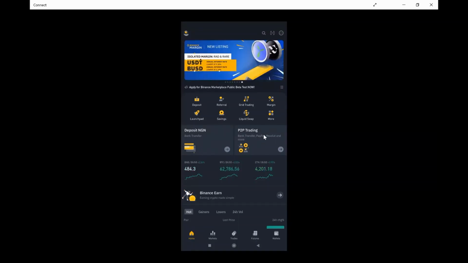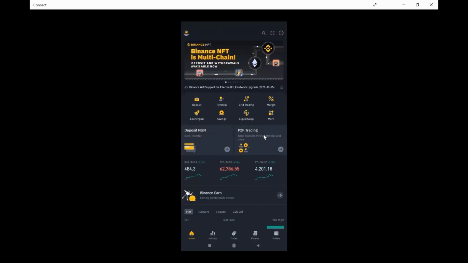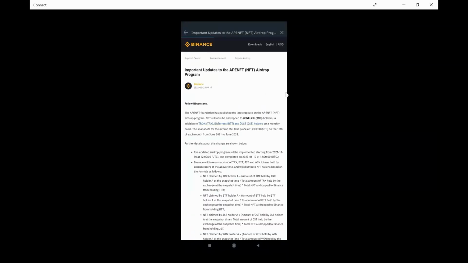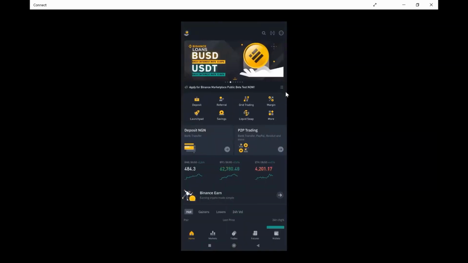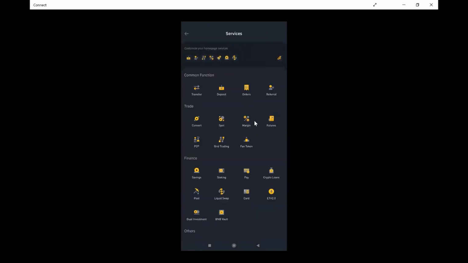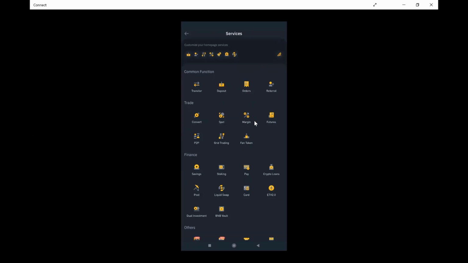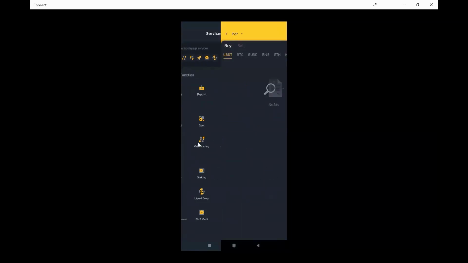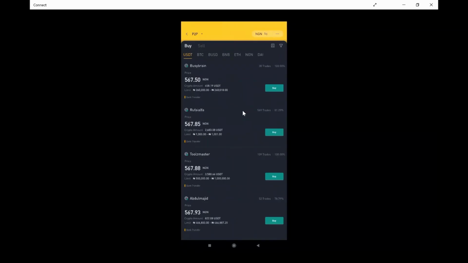If you don't see it here, another way you can find it is to come down here. It should also be under trade. Under trade you have convert, spot, margin, futures, P2P. So you can tap it here, and voila, we're in.